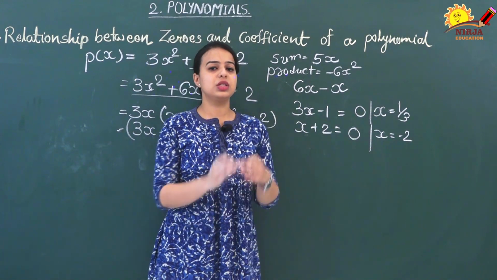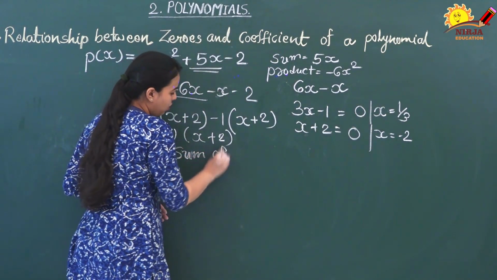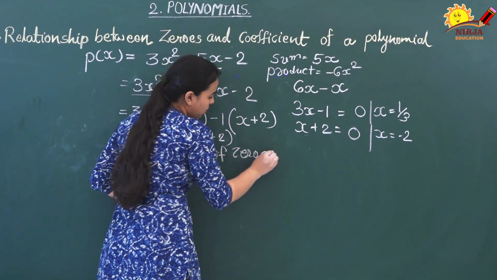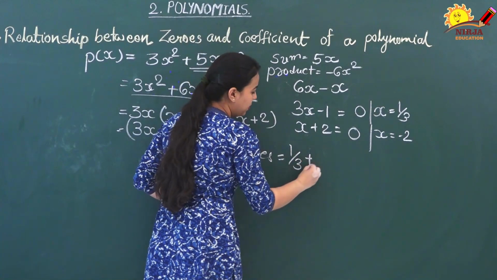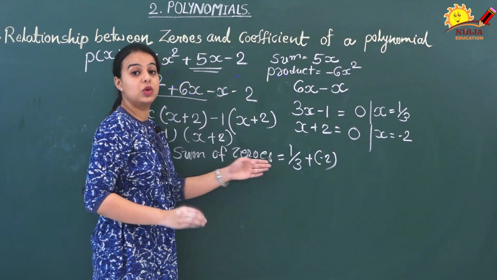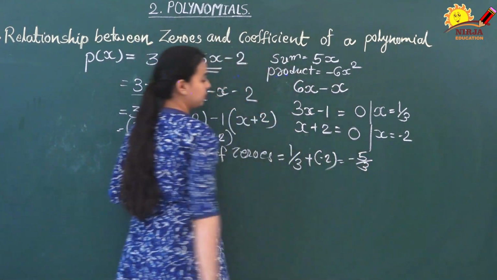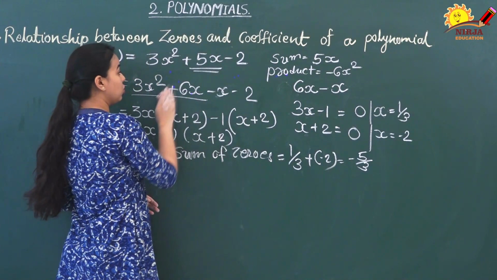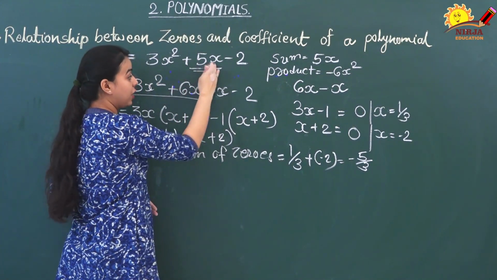Now let's do the sum of these two zeros. Sum of zeros. We have two zeros, 1 by 3 plus minus 2. And if we do the sum of this, you will get the answer as minus 5 upon 3. If you have noticed over here, 5 is the coefficient of x.